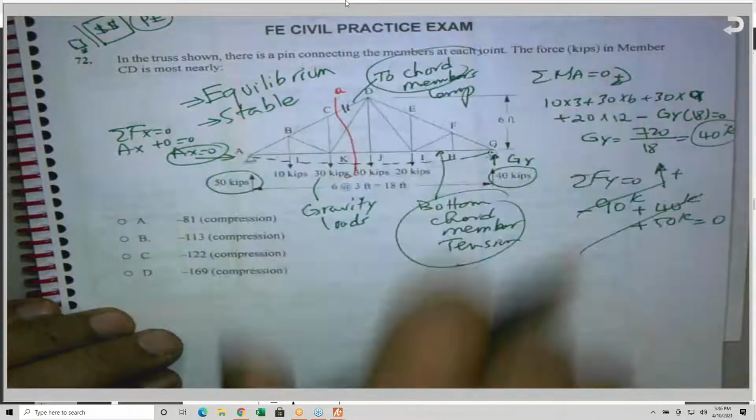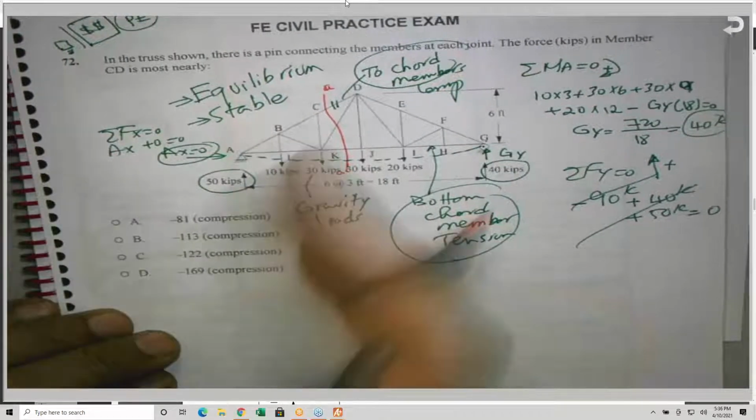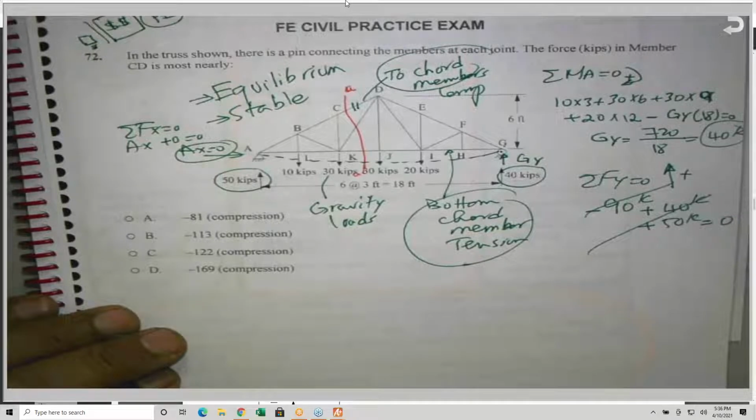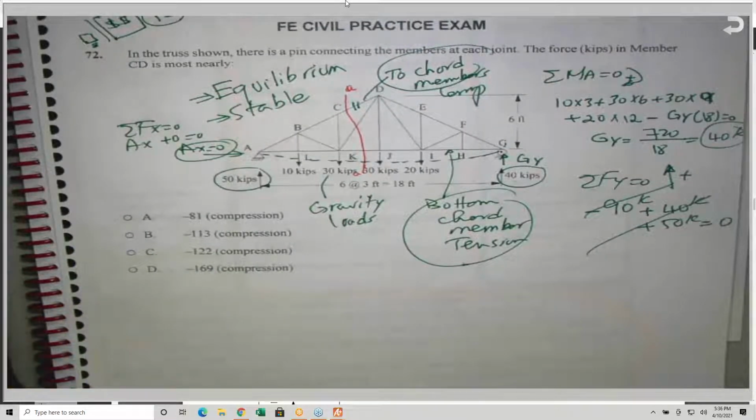Or if the truss is vertical, the upper portion or the lower portion? You should get the same answer either way, but some sides are much easier than others, and I will tell you why.